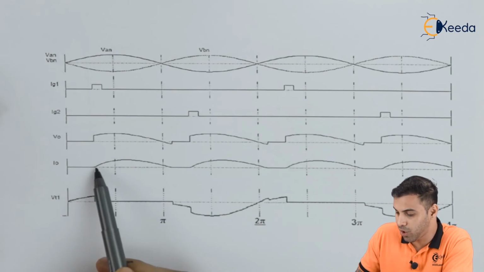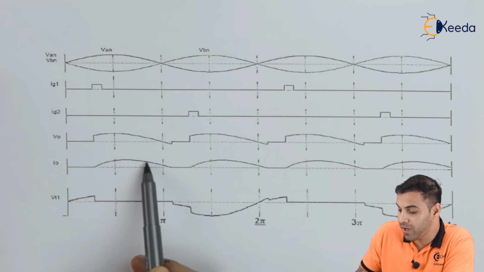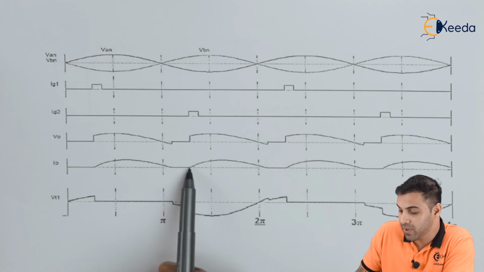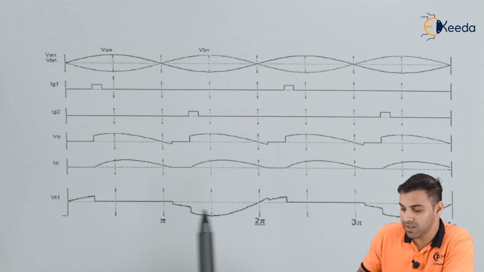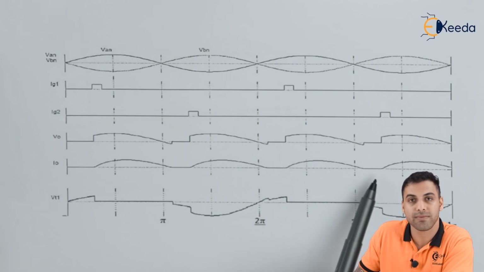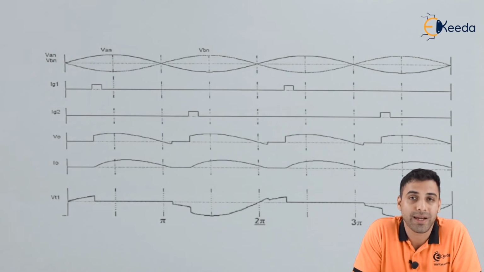So friends, here is the output current, and it will start slowly increasing and it will start slowly decreasing, and whenever there is no output voltage, there will not be any output current. Hence, again the same process continues. Now friends, hope you understand the flow of electric current and how the output current waveform looks like.